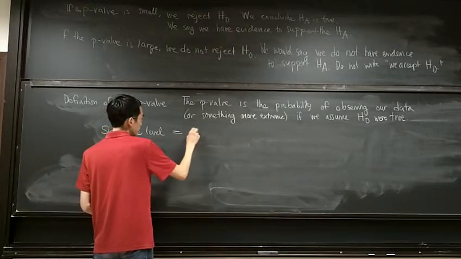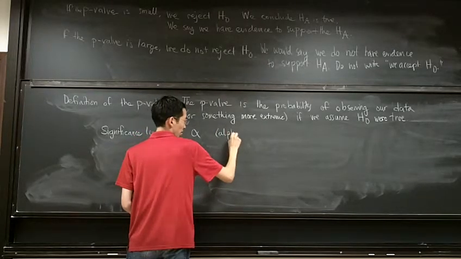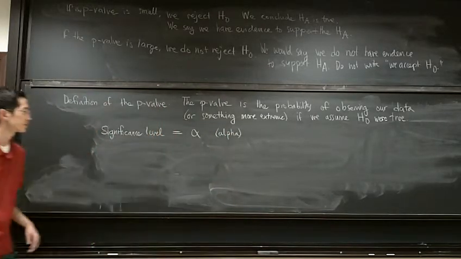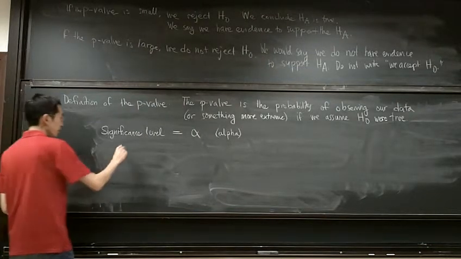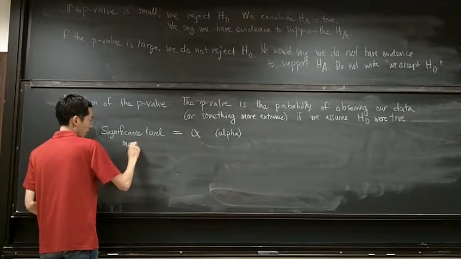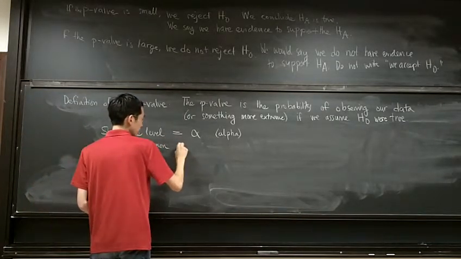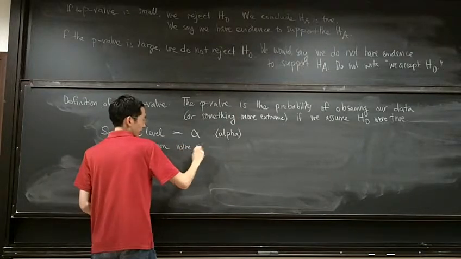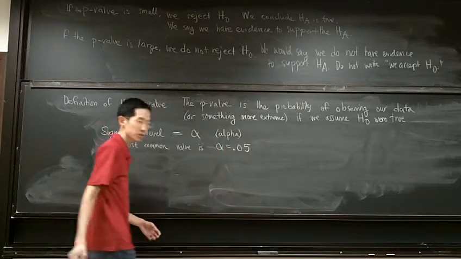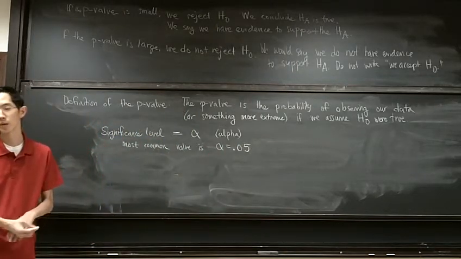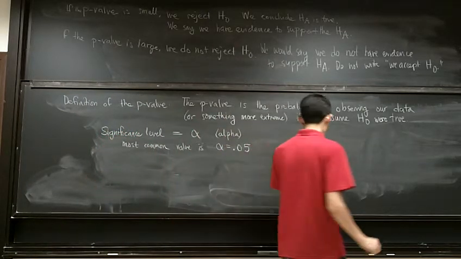The most common value is alpha equal to 0.05, but we can use larger values or smaller values of alpha.